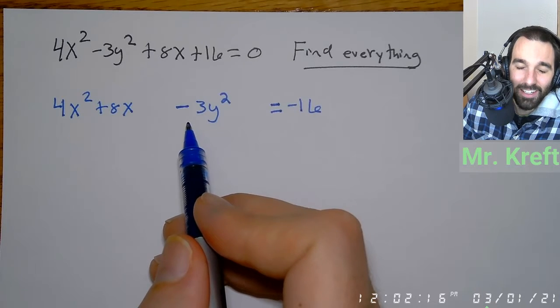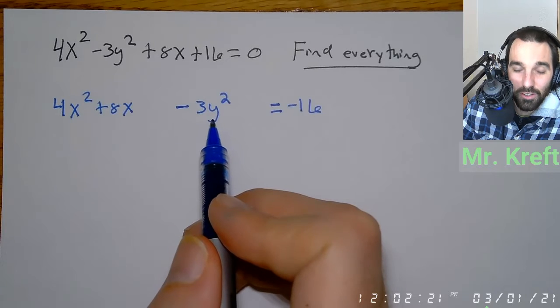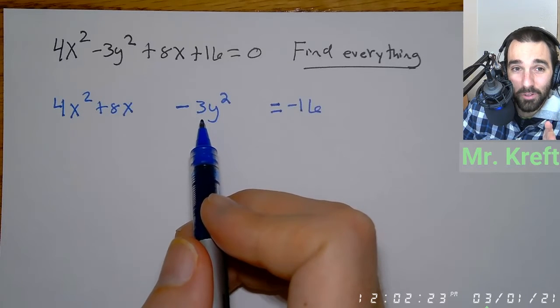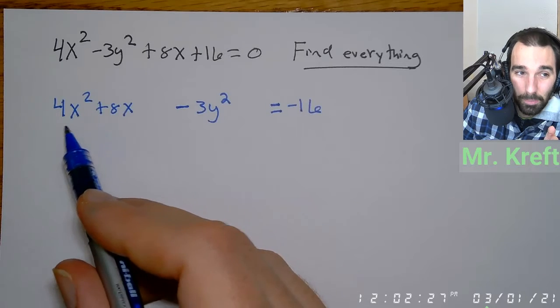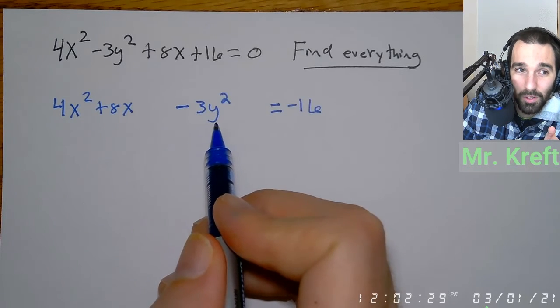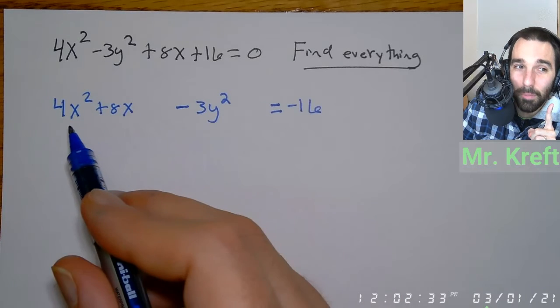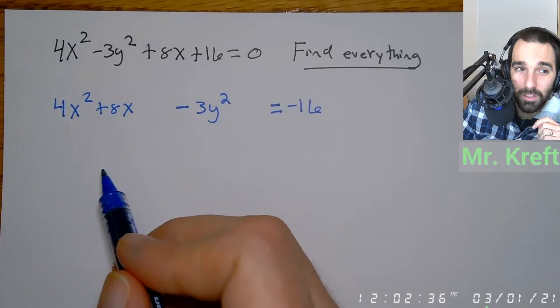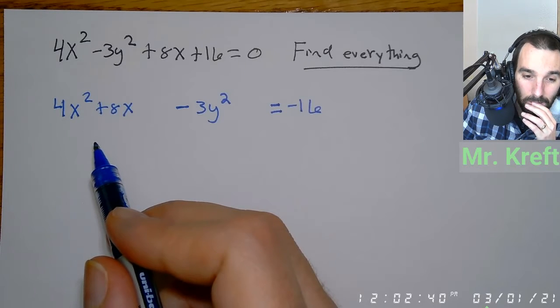Order matters. I can't stress that enough. The negative has to come second. And the reason why, remember, is that it's the absolute value of the difference. So when we're writing this, order matters. It has to be the bigger one minus the smaller one. So with the negative being with the y, we already know the major axis is going to be with the x.